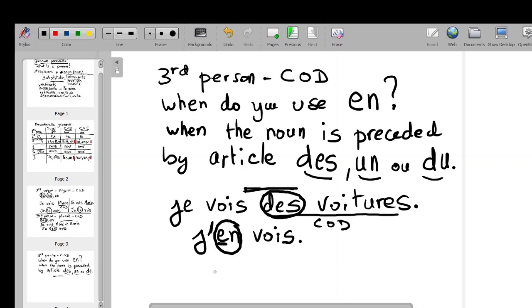Now, if you say je mange du riz, so I eat some rice. So du is an article partitif, like je mange du pain, je mange du riz.